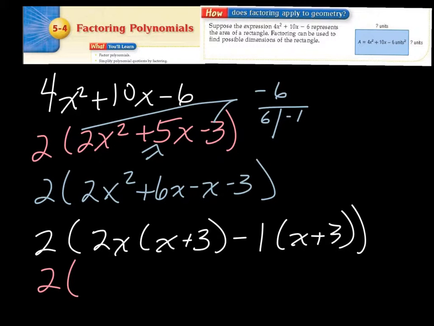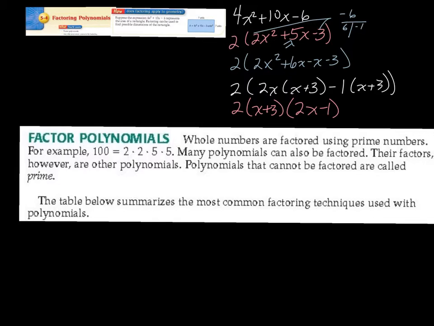And so the greatest common factor of the whole thing inside the parentheses there is x plus 3. And when I take the x plus 3's out, what's left is 2x minus 1. So that's kind of a quick preview of the most complicated factoring we did from Algebra 1.